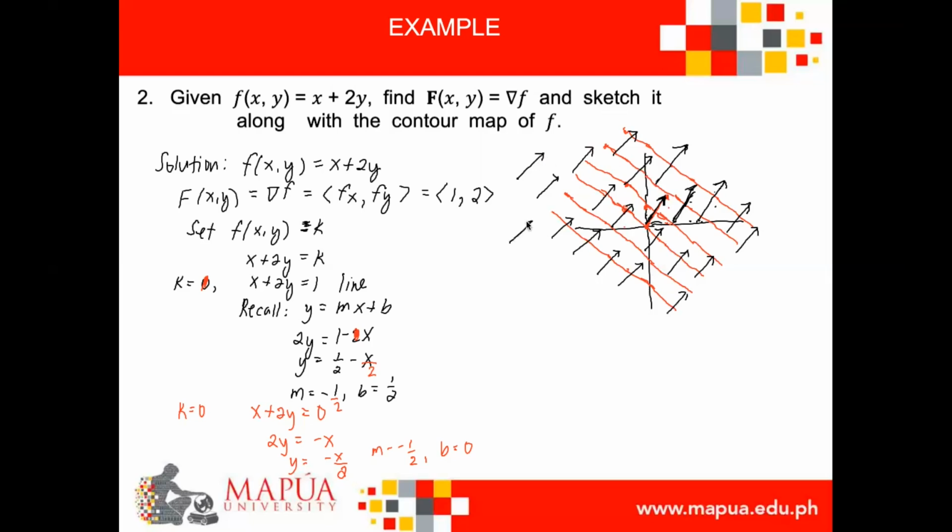So you can use software like Matlab to check the correct, or I should say accurate, representation of the vectors that are orthogonal to the given function. So let us check the solution using Matlab.